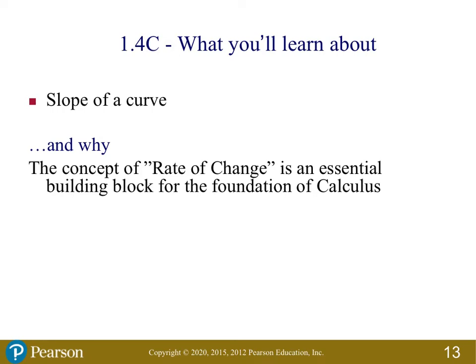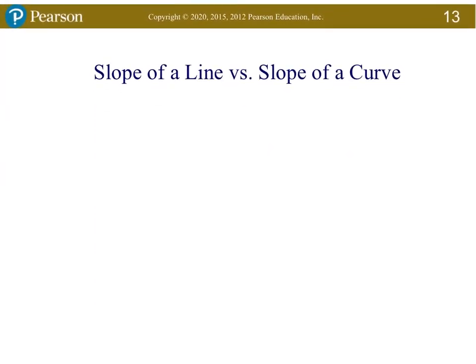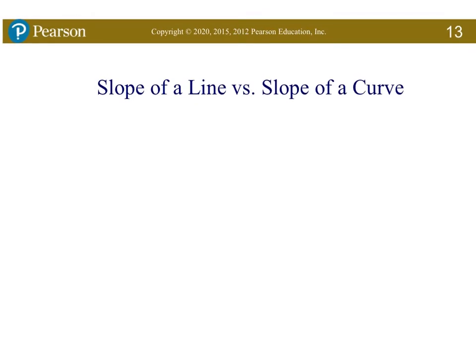This is the final lesson for our module on 1.4, lesson 1.4c, and we're going to talk about the idea of slope and how it relates to a curve in particular. So the slope of a line, right? I mean, we're pretty confident in the idea of a slope of a line. We know that m is often the letter that's associated with slope.